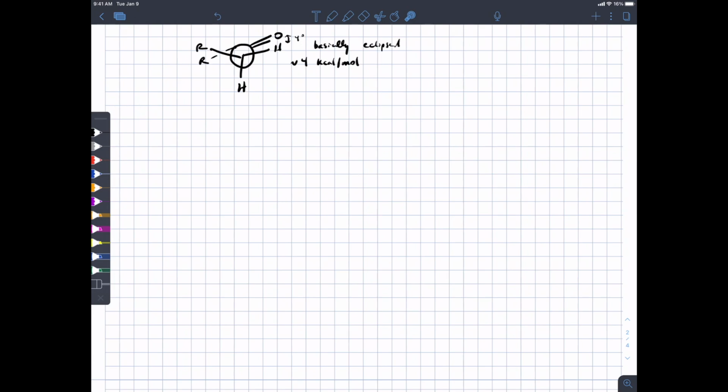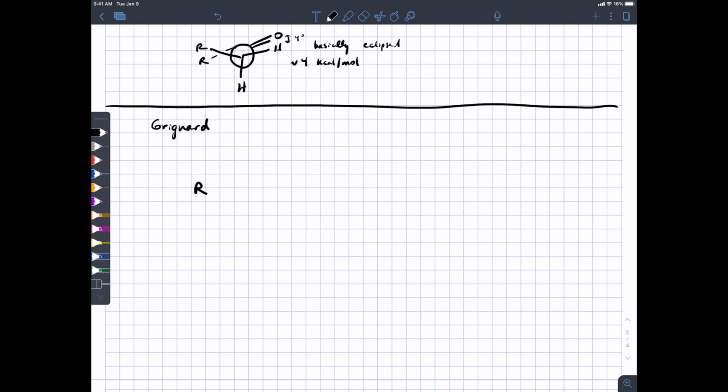All right. So another classic addition to carbonyls is the Grignard reaction, and there's some things here that are maybe a little bit more complicated than you might have hoped. So the Grignard reaction involves some alkyl group that is bonded to a magnesium, and the magnesium is also bonded to bromide.